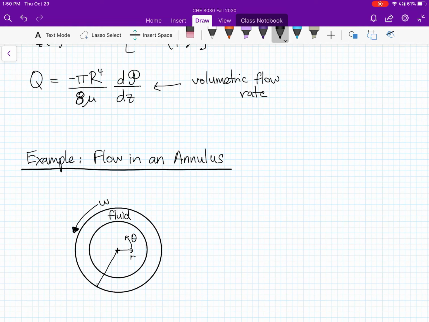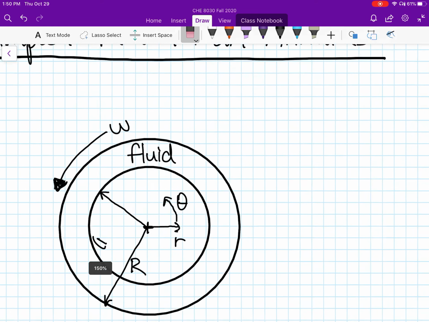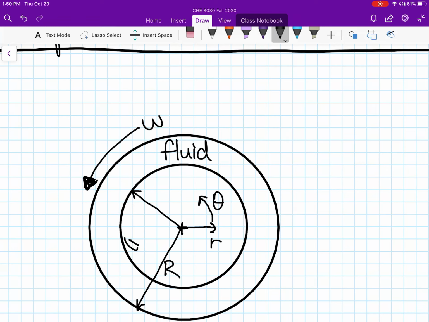The radius of the large pipe is R, and the radius of the inner pipe is (1 minus epsilon) R.